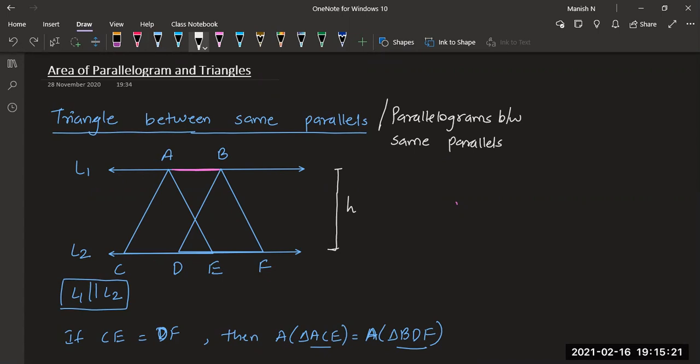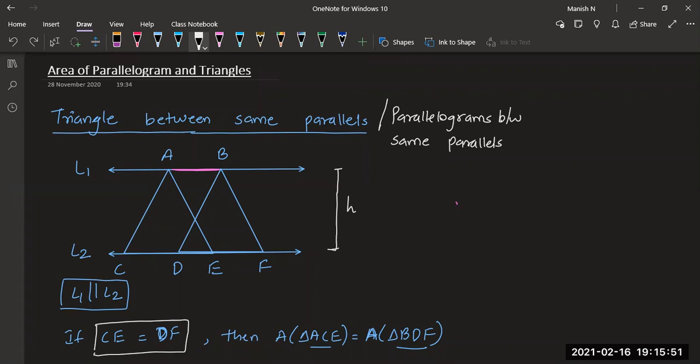Now if we draw those two triangles in such a way that CE is equal to DF, that means the bases of both the triangles are equal, then we can say that the area of both the triangles is also equal.